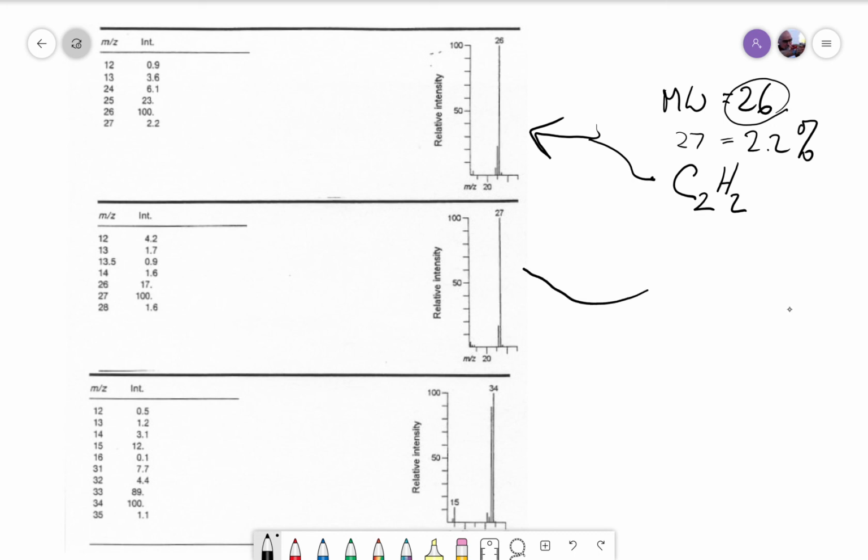Continuing on, this has a molecular weight of 27. That should immediately mean something to you. It has an odd molecular weight, which means it must contain nitrogen. If the nitrogen shows up, then the 28 peak at 1.6% might mean that we have 1 carbon 12.